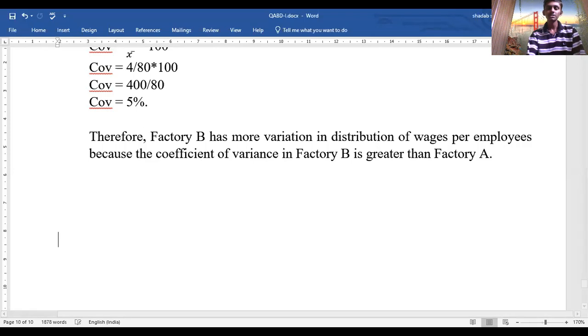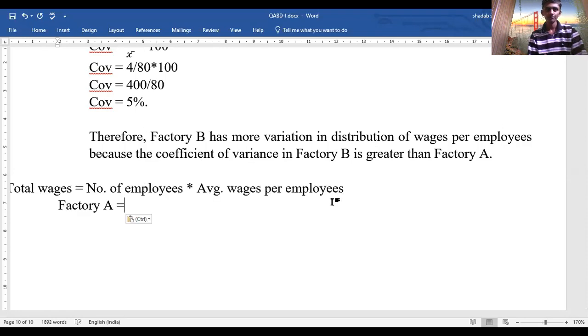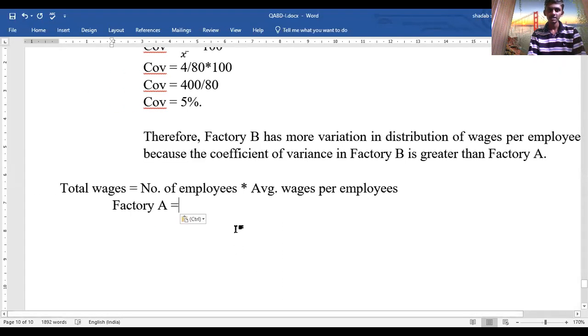Now another question: they have asked which factory pays more wages to the employees. So let's look here. Total wages equals number of employees into average wages per employee.